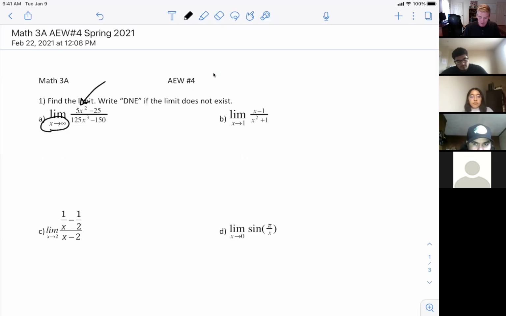And the minus 25 doesn't even matter that much. So you could approximate it by taking the limit as x goes to infinity. On the top, it's going to be 5x squared, and the bottom is basically controlled by the 125x cubed.